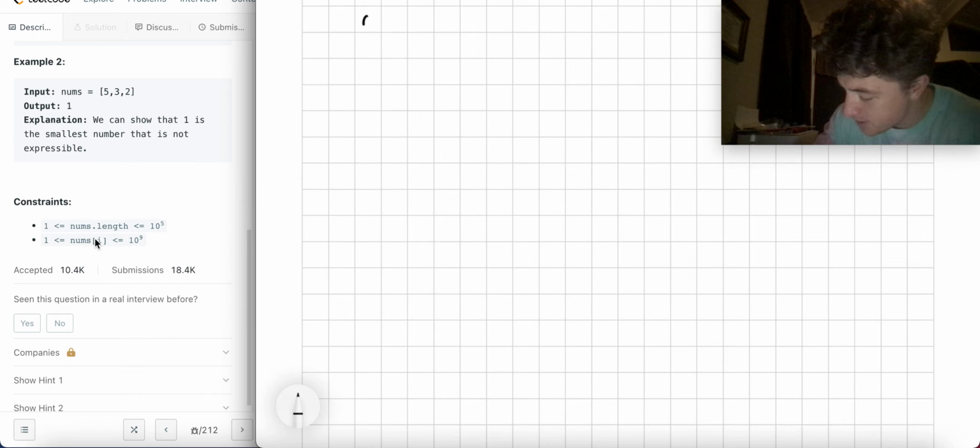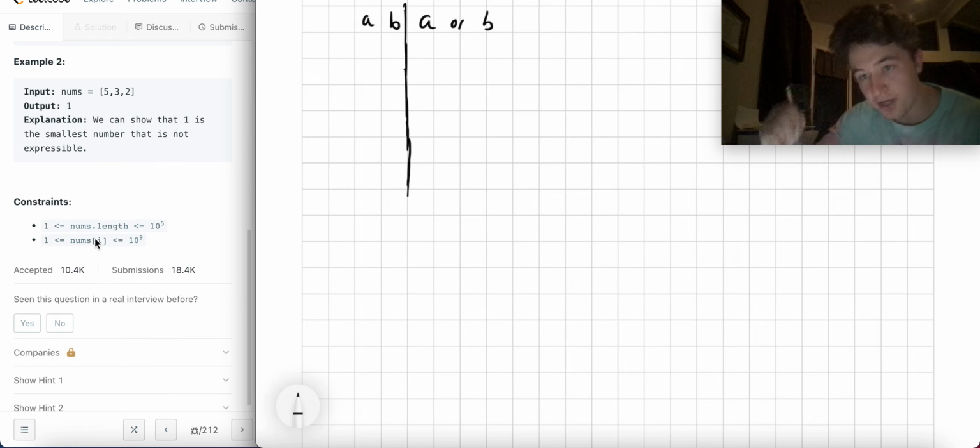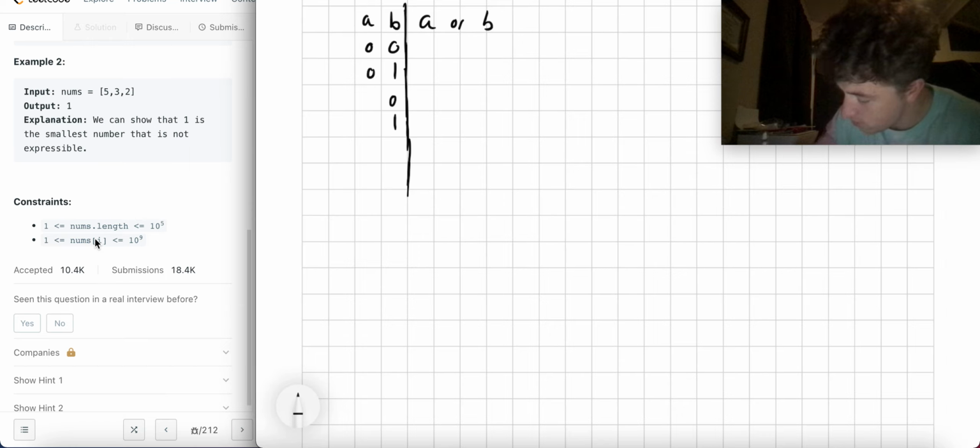If you have 2 bits, A or B, a number can be expressed as a sum of individual bits. If we have A OR B, the only possible values for A and B are 0 or 1, so A is 0, 0, 1, 1 and B is 0, 1, 0, 1.